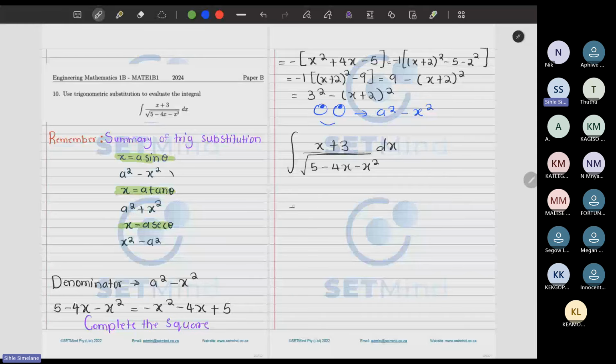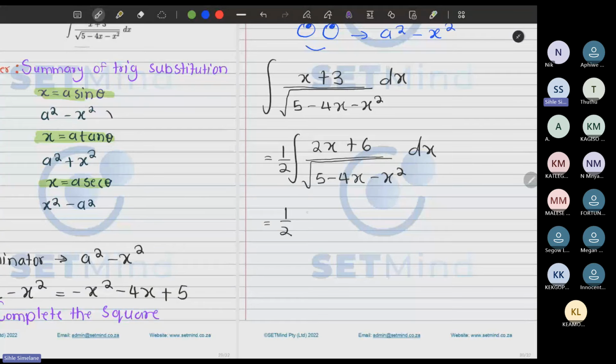What do I mean? Let's do it. What I mean is that I'm going to introduce 2x plus 6. I only need 2x plus 4, remember, because of that. Because I'm introducing this, it means I need to pull out a 2 so that this expression does not change fundamentally. So that I have 5 minus 4x minus x squared dx. Nothing has changed here. Next, I can split my expression.